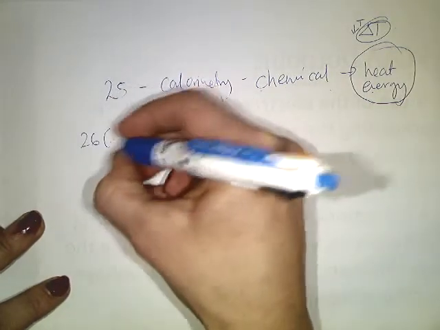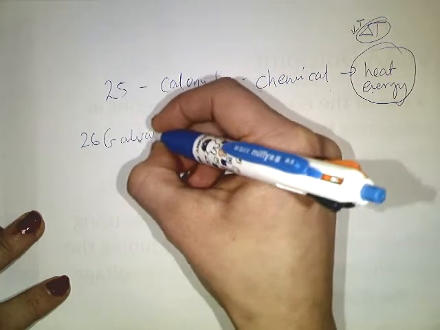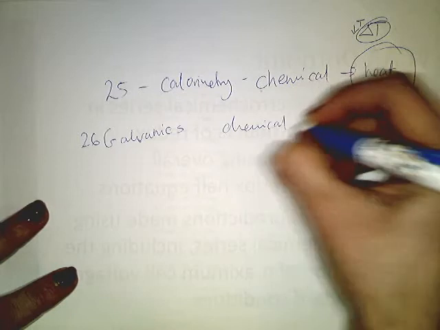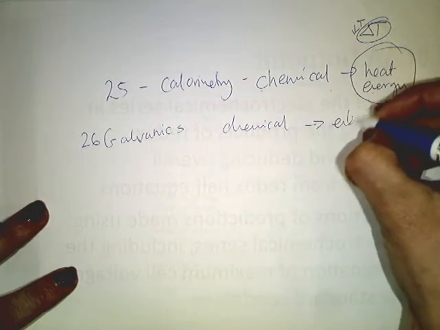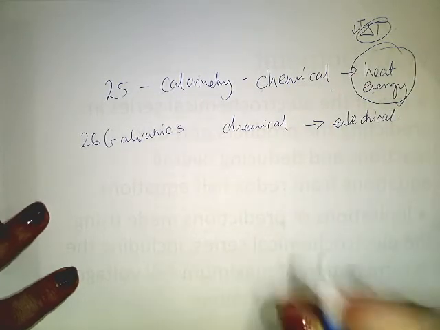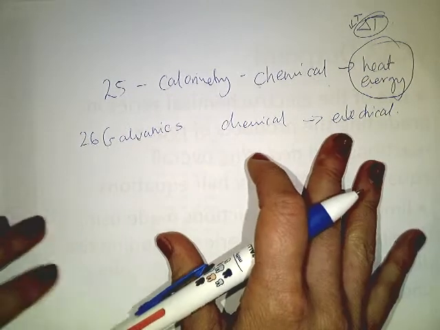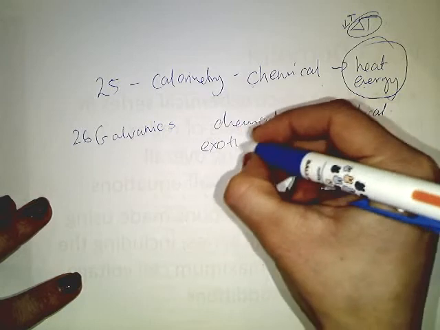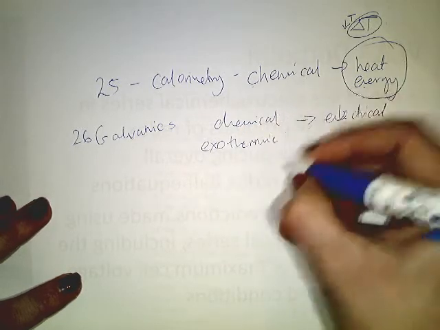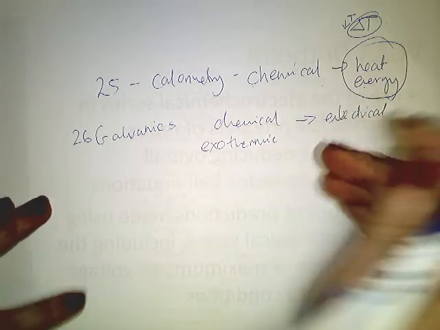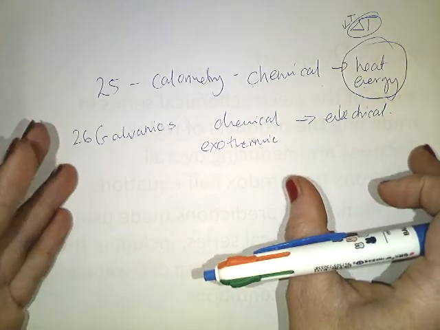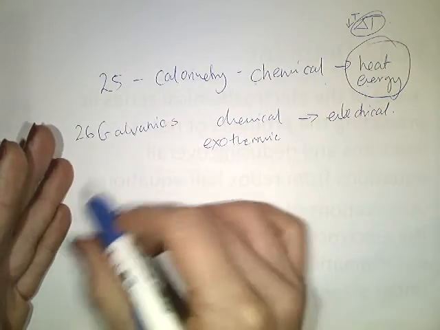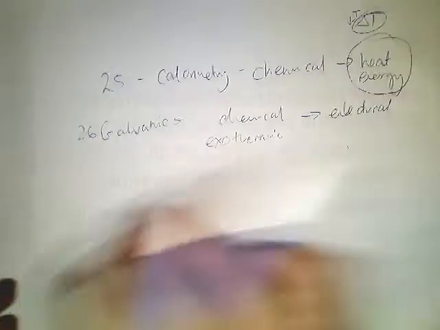In galvanics, chapter 26, we are really looking at chemical energy into electrical energy. The whole point of galvanics is taking an exothermic reaction, which normally releases heat energy, and separating the reactants of the redox reaction so that electrons are forced through a wire, so we can get electrical energy.